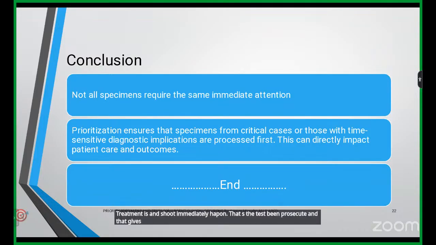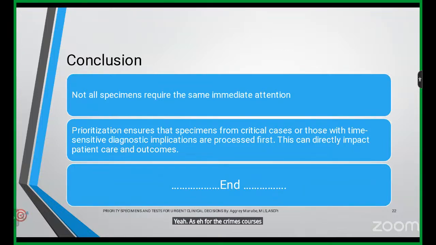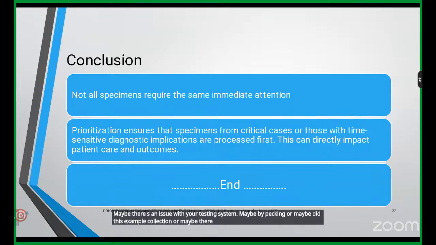And again, there's something that I didn't put emphasis on about repeat of tests. For the critical test, it's good for us to confirm our results, consider repeating a test. Maybe there is an issue with your testing system, maybe pipetting, or maybe the sample collection, or other things that can prompt us to double check whether our methodologies are functioning correctly. That's why we need to repeat.